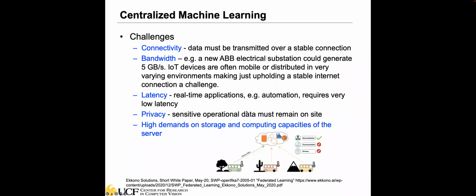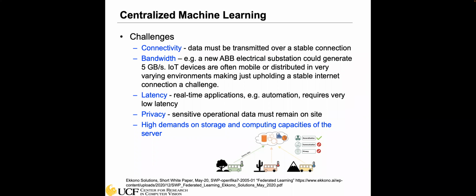Another challenge is the latency. You have to send the data, then once the model is trained on the cloud, send the model back to the device. So there's going to be some latency depending on how the model is being trained, and also the connectivity. If you have a slow speed or limited bandwidth, then you're going to encounter high latencies.